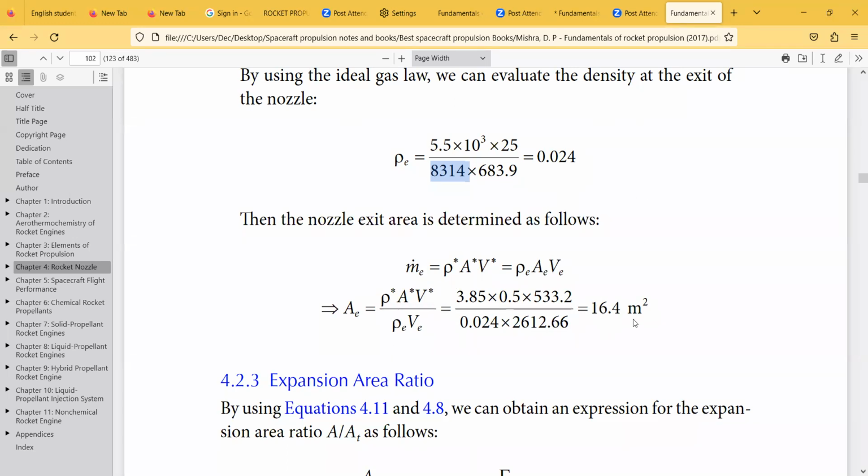This value is 16.4 square meters. The exit area is 16.4, and in some other quizzes or assignments I may ask you to find the exit diameter, so you can find the diameter from this. Area exit is equal to pi over 4 d exit squared, so you can easily find the exit diameter of this rocket.